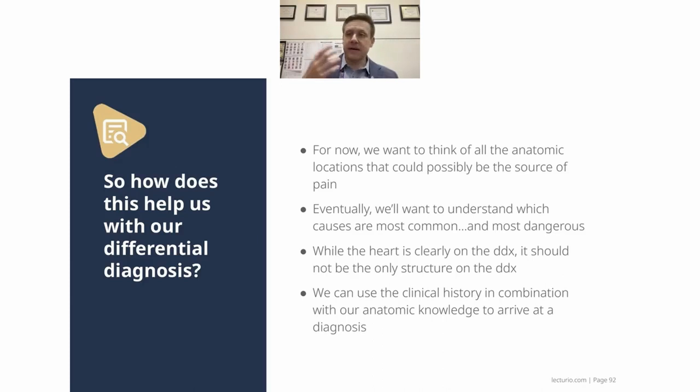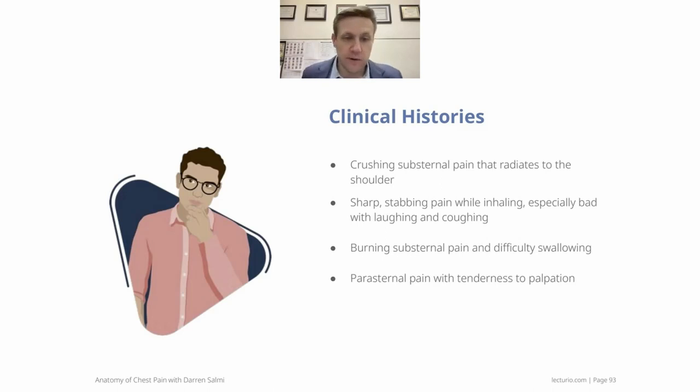Now, we're not going to talk about all of the diagnostic procedures you might go through to really nail a diagnosis. It's really just going to be an overview to connect the anatomy to chest pain. So here are some clinical histories we'll go over and kind of think about where could we have some anatomic locations that correlate with this pain.